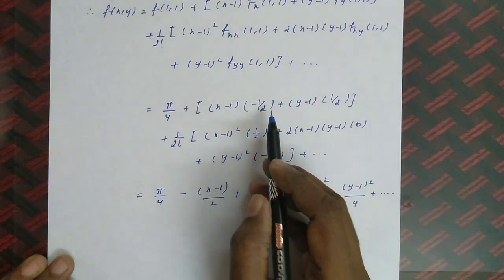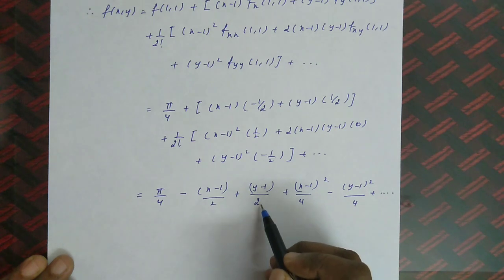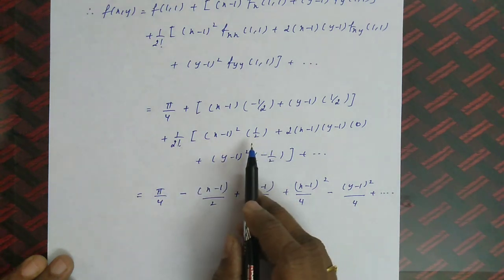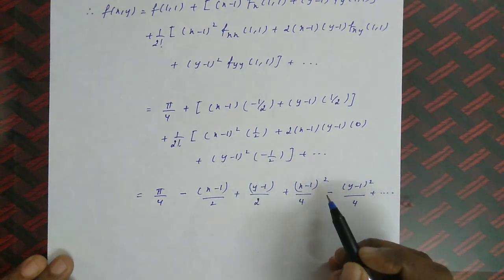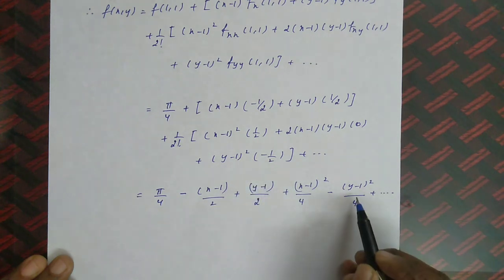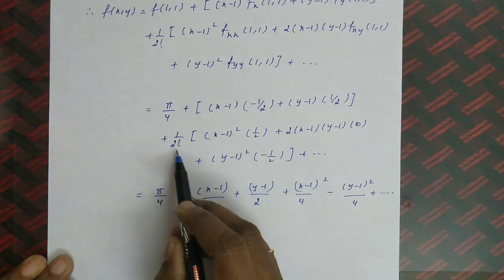So pi by 4 minus (x minus 1) by 2, here also (y minus 1) by 2, and then 1 by 2 factorial, 2 factorial is 2.